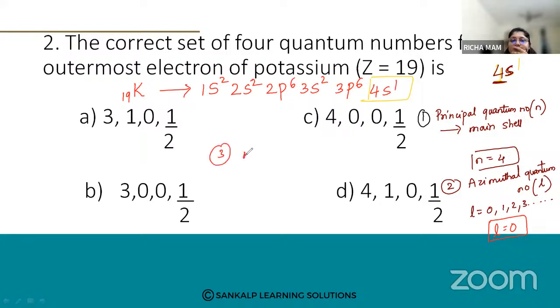Now the third one is the magnetic quantum number, represented by ml. What does it tell you? How many orbitals are present.